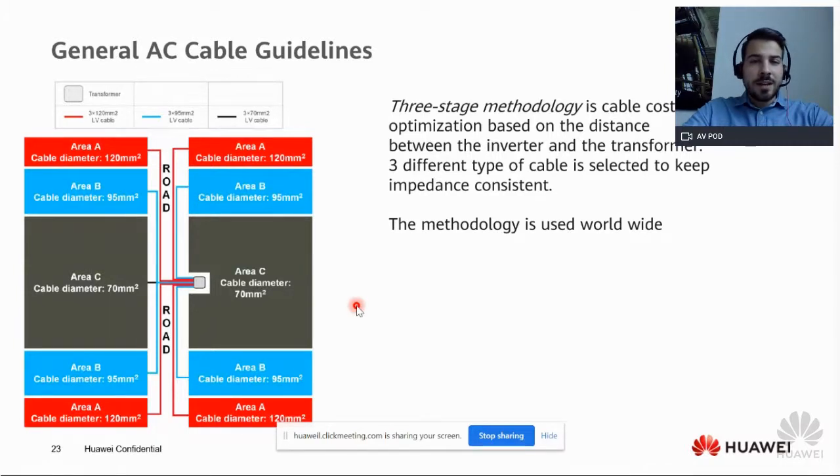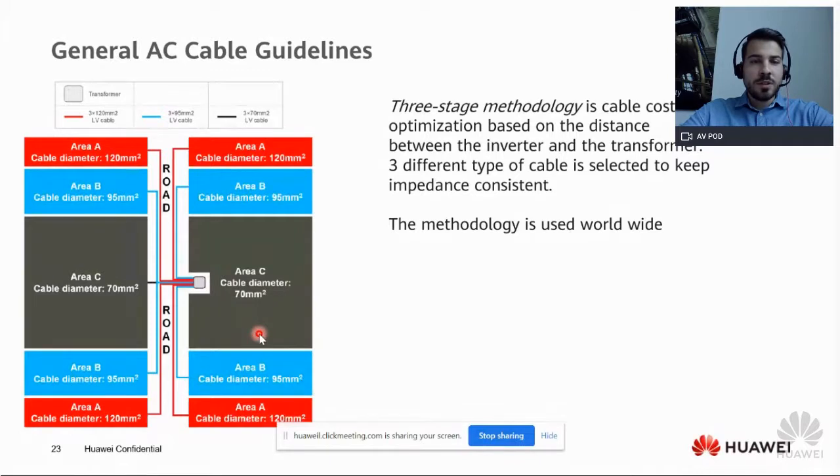This way, they can differentiate the cable sizes between these sections, and they don't want to use, for example, the 120 square millimeter cable for the whole system, because it can raise the cost on the long run when they start a project. But they are okay with having a smaller cable closer to the transformer station.